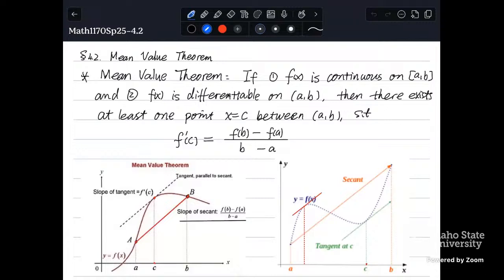Then the conclusion is that there must be at least one point between A and B such that the derivative at this particular point equals f of B minus f of A divided by B minus A. If you just look at this statement, it may be difficult to understand, but if you look at the geometric meaning, it makes sense, right? So what does this mean? f of B minus f of A divided by B minus A. Slope of what?